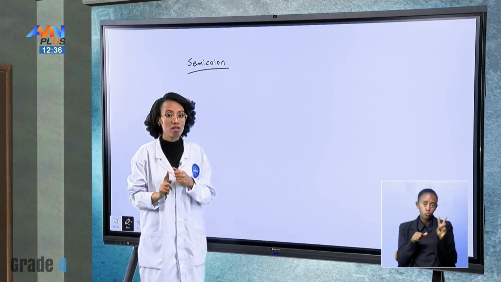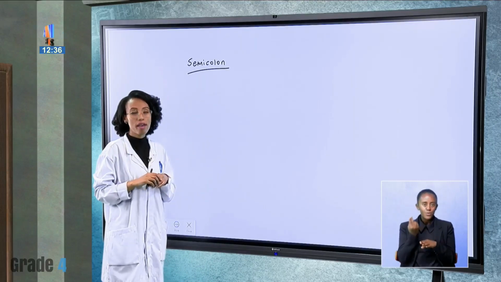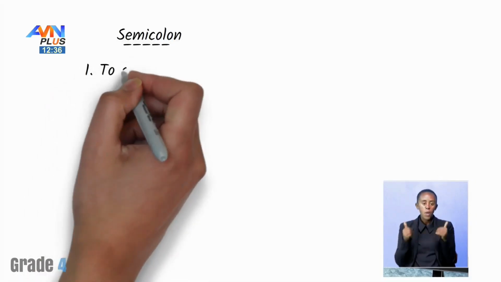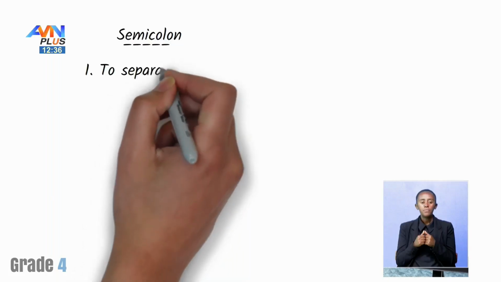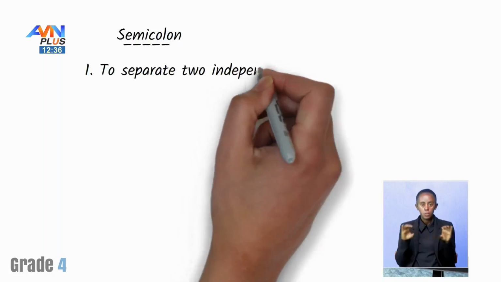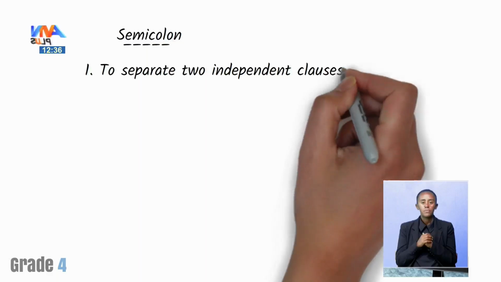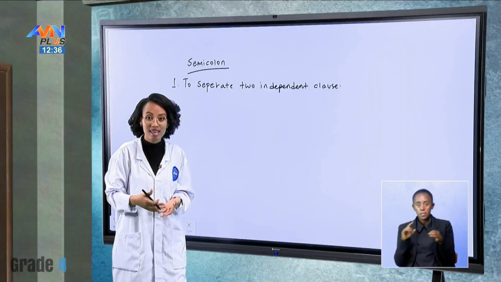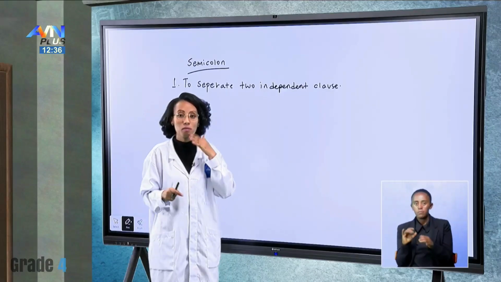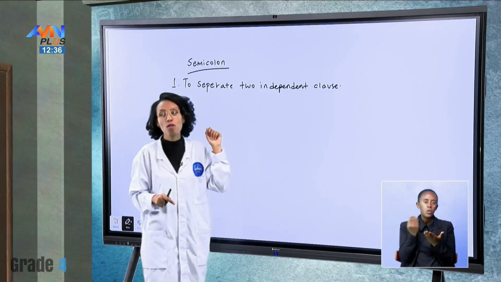The first, and the most commonly used way, is to separate two independent clauses, or two independent sentences that are related, yes? They are related, but they are two independent clauses. So we use semicolon in the middle. This is the most common use of a semicolon.